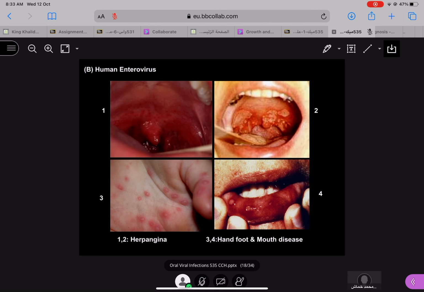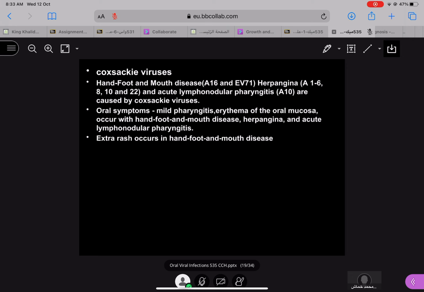We are going to cover that shortly. Hand, foot, and mouth disease, or herpangina, and acute lymphonodular pharyngitis, are caused by Coxsackie virus. We are going to cover the manifestations of this virus shortly.